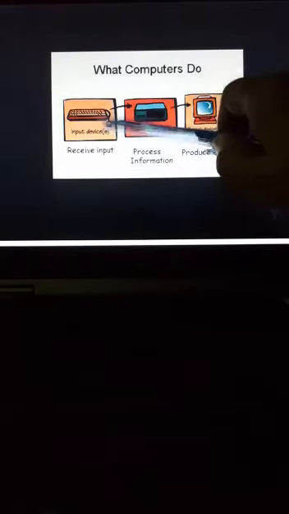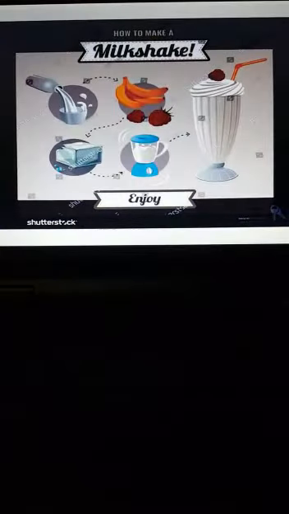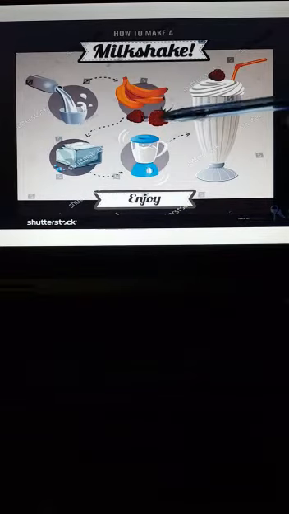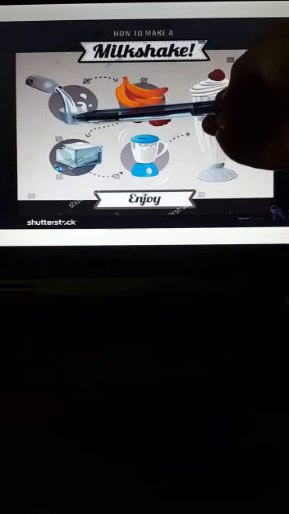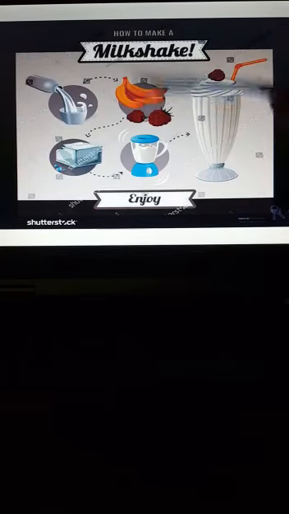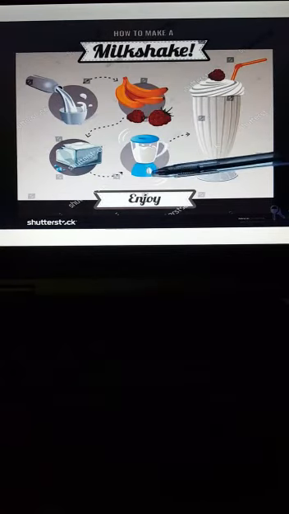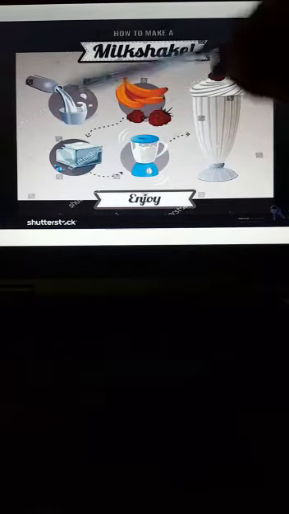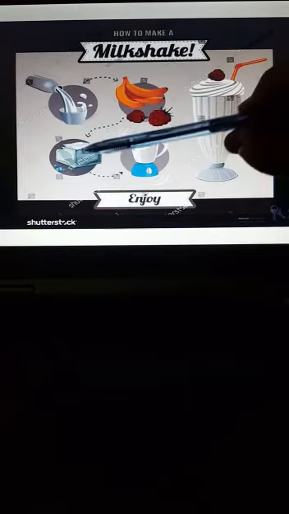So how does it work? I can explain by a simple example: how to make a milkshake. This is an example of input and output. You can input your milk, your fruits, your favorite foods, sugar.